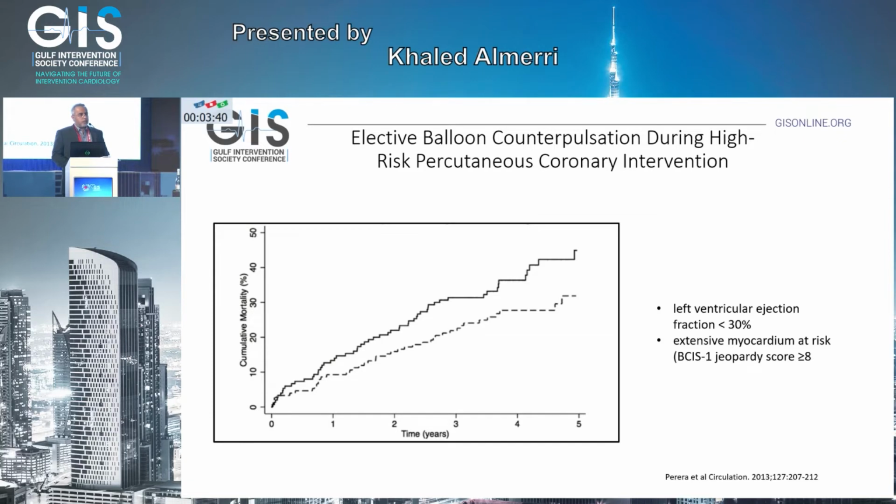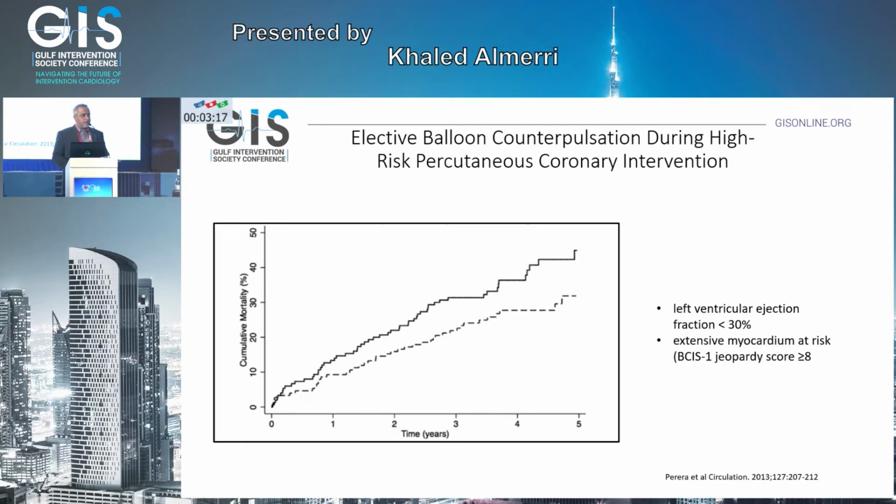So if we look at the role of the intra-aortic balloon pump in ST elevation MI, it is not recommended routinely, as we know from the guidelines, but there is one paper on a group of patients who had severe LV dysfunction with a high score. So this is a high-risk group.